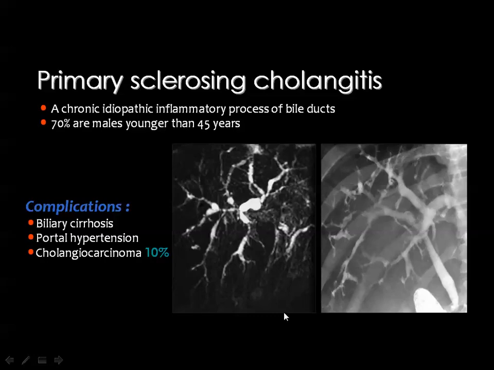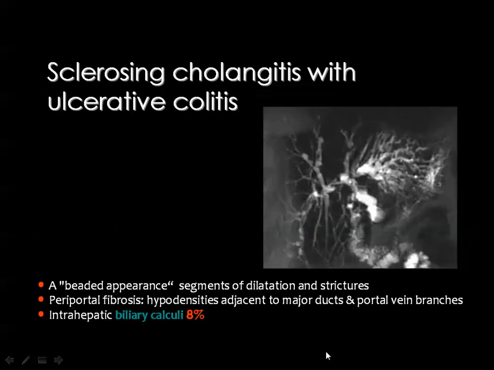And if you see stones, you may prefer the diagnosis of pyogenic cholangitis, although the sclerosing cholangitis may also be associated with some percentage of calculi. The role of MRCP is well known for the diagnosis of cholangitis by detecting multiple biliary strictures and dilatation.